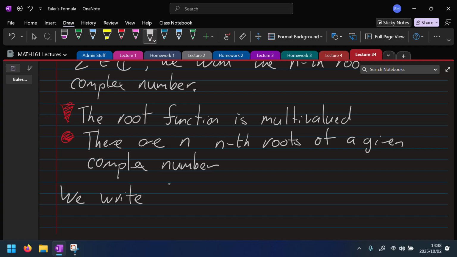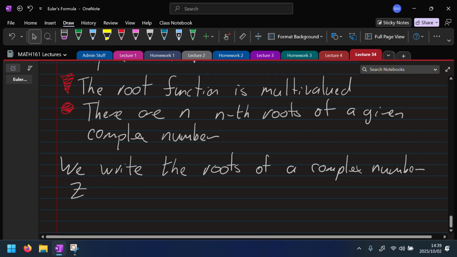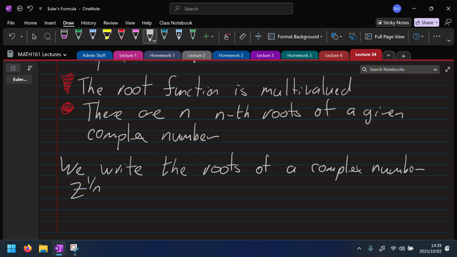Okay, a little bit of notation. We write the roots of a complex number z. Okay, so we look at the nth roots of this. So this is z to the 1 over n, nth root, as w0, w1, w2, up to wn minus 1.